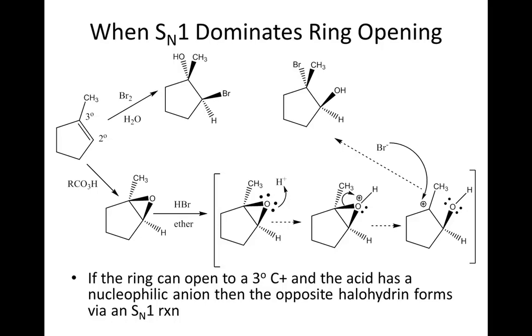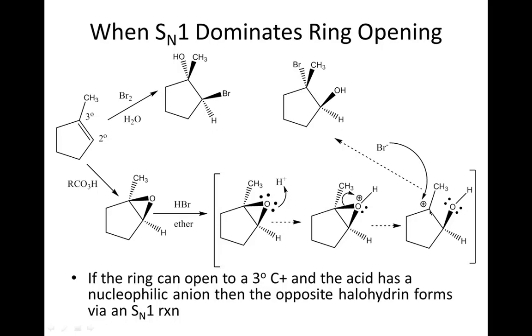But what if we have a tertiary carbon in there somewhere? So here's another example of an alkene, and this time I've used bromine. When you do the halohydrin, we're going to put the bromine on the less substituted carbon, and so we're going to get this molecule right here. If we make the epoxide out of it, now this time when we put in the HBr, this thing gets protonated, it's going to spontaneously open because you can make a tertiary carbocation here.